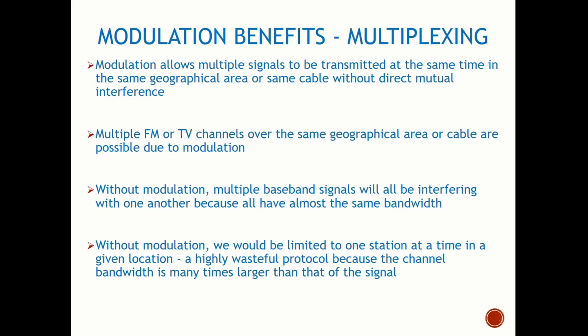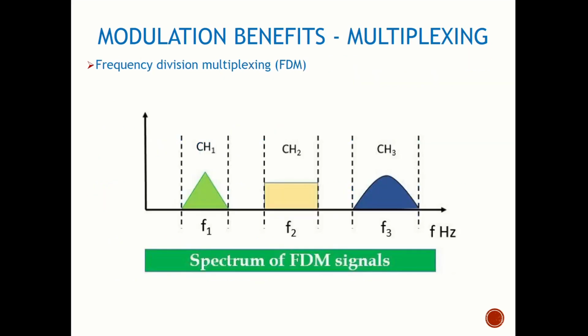The second benefit is multiplexing. Multiplexing means we transmit multiple signals at the same time, all at different frequencies, so they do not interfere with each other. So we can have multiple TV channels, and they all use this multiplexing technique. Now this is an example of a frequency division multiplex signal.